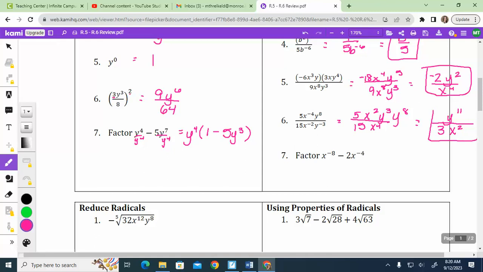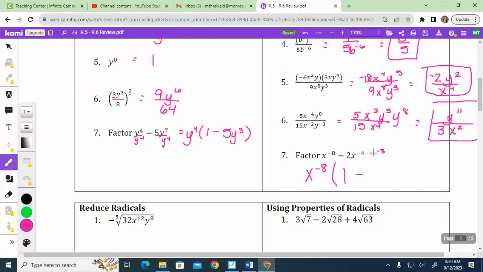The last one. Okay, we say we always factor out the smallest power. What's smaller? -8 or -4? I take out x to the -8. So anything divided by itself is 1. When you are factoring it out, it's like subtracting those exponents.